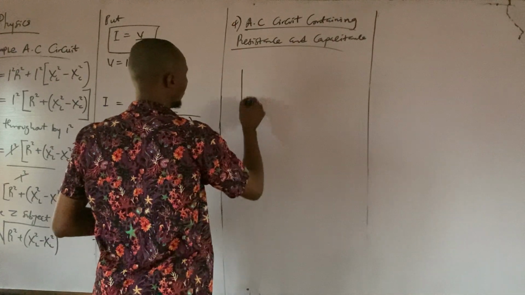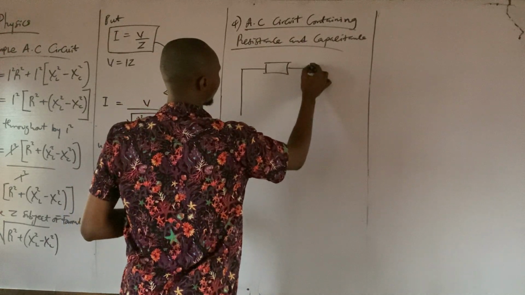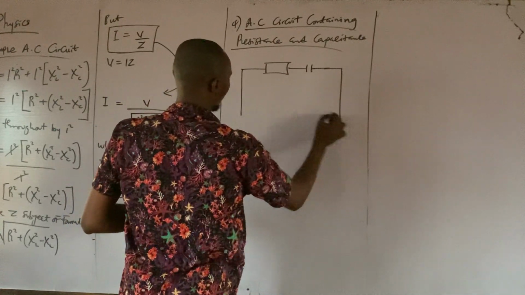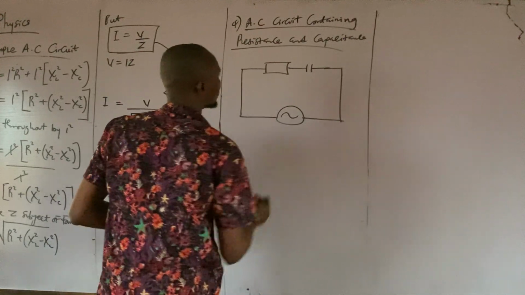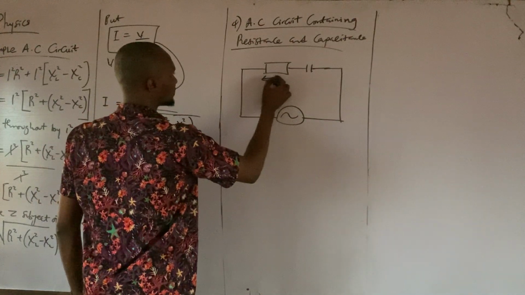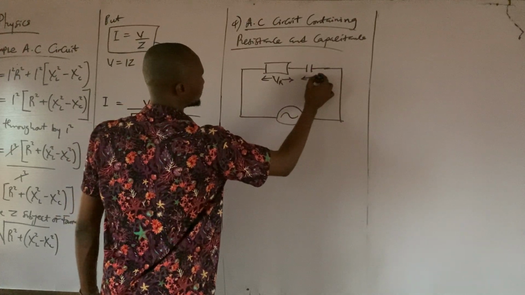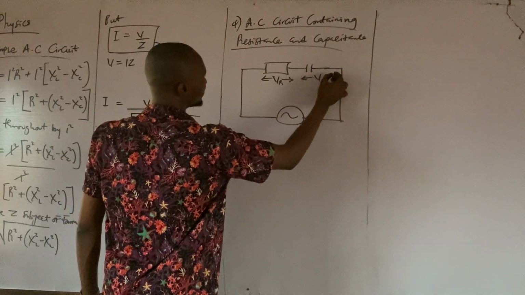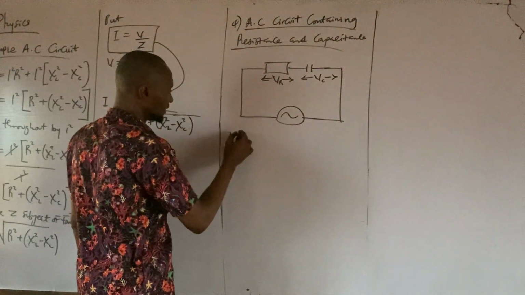So here, this is it. Are you there? So this is VR and this is VC. So how do we solve this now?